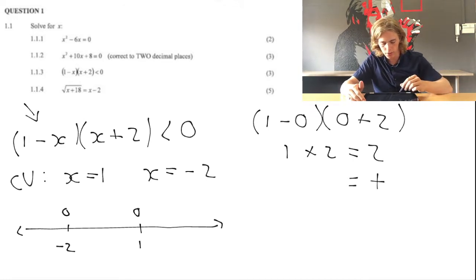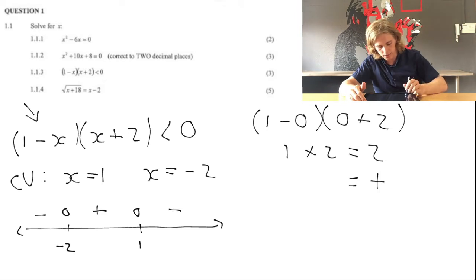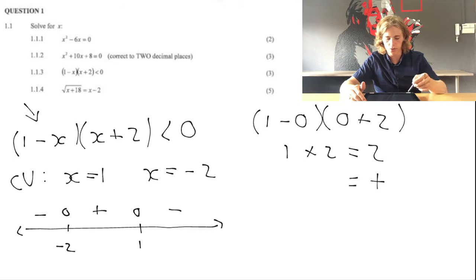And so what we're going to do on this timeline is we're going to put between the two zeros, between the 1 and the negative 2, a positive. Now, because that is a positive, we're then going to make the outsides a negative each, because that's the way it works. If you want to test that, we can put a 2, which is above the 1, into the bracket.